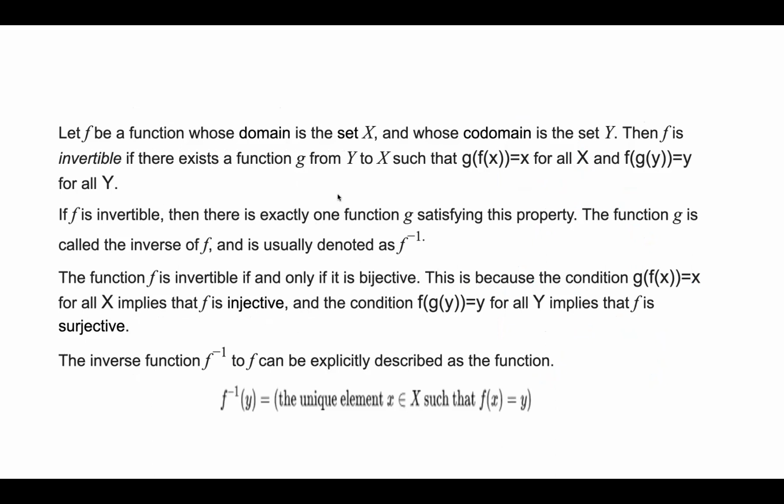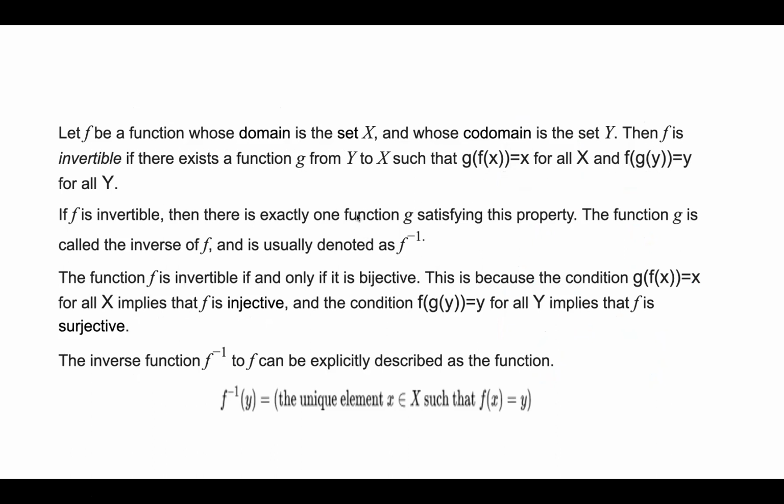What is there now in next? Same thing is repeated here. g of f of x is equal to x, where g is the inverse function of f for all x, and f of g of y is equal to y, where f is the inverse function of g.